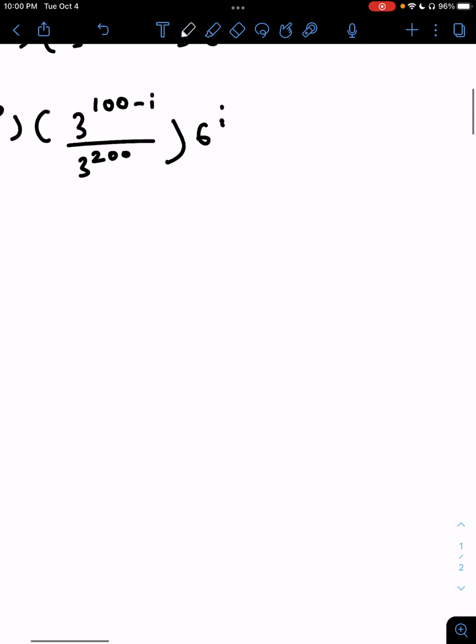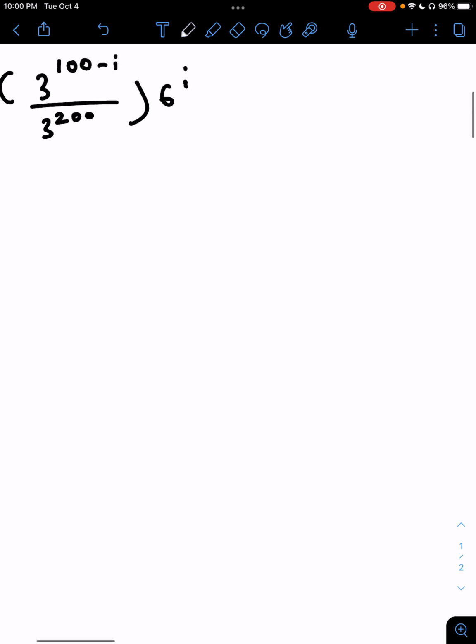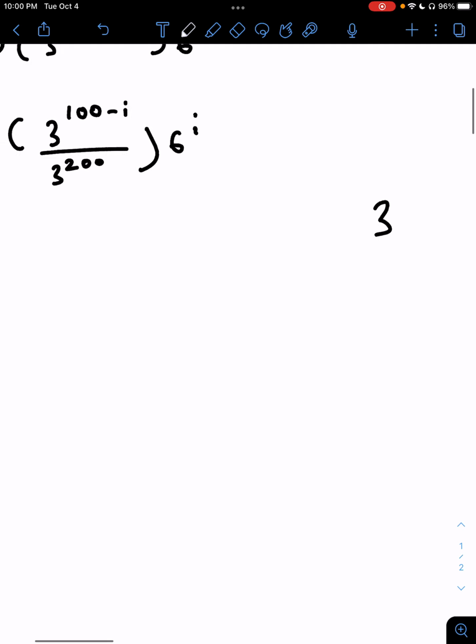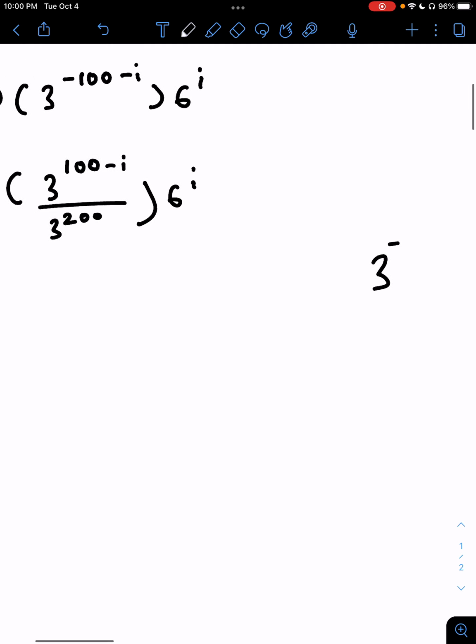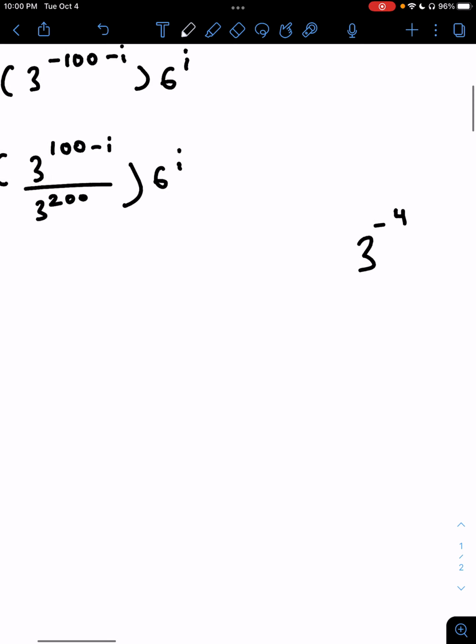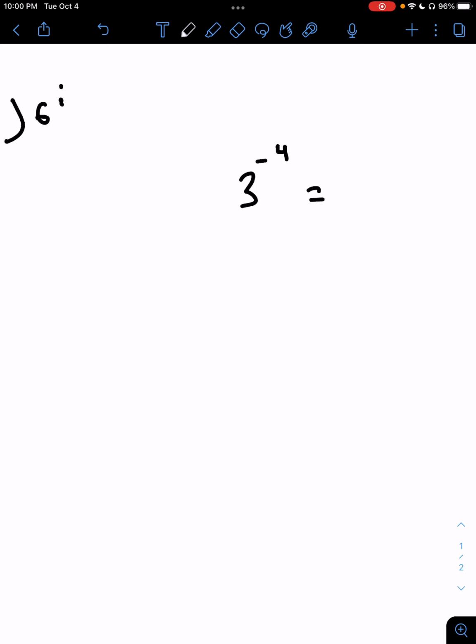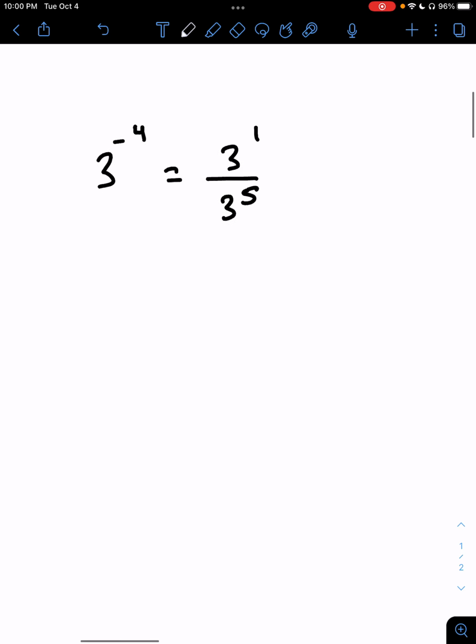So I guess it's kind of confusing, but think about it like 3 to the, let's say, negative 4, right? You could write 3 to the negative 4 as 3 to the 1 divided by 3 to the 5. That's the same thing as this, right? Because since they have the same base, you just subtract exponents, so 1 minus 5.